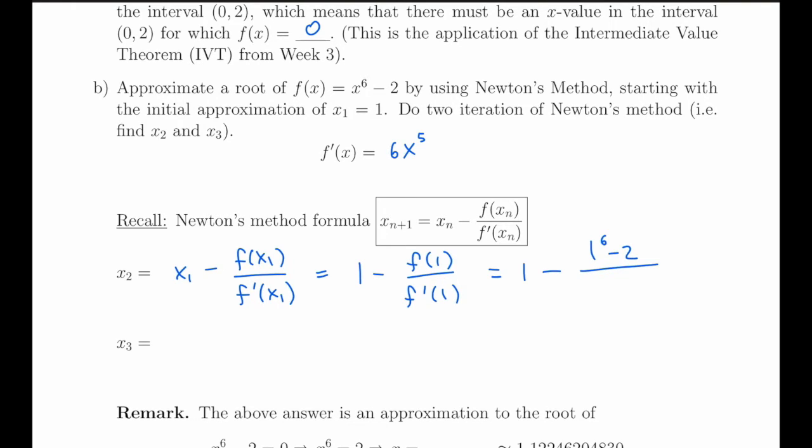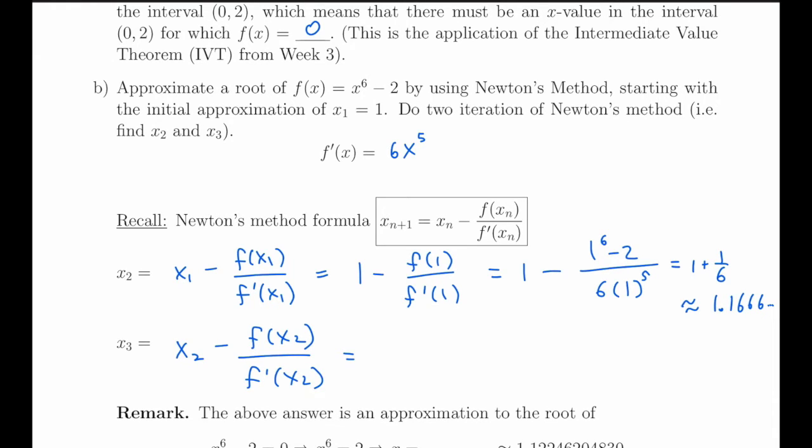And then divided by f prime of 1 is 6 times 1 to the 5. And that's 1 plus 1 over 6, which is approximately 1.1666 repeating. Now let's try one more because the question is asking you to do 2 iterations. So here's one iteration. One more is x3, which is x2 minus f of x2 divided by f prime of x2.